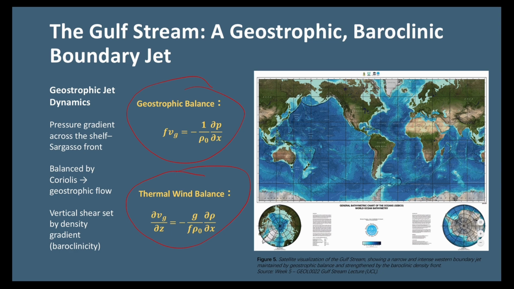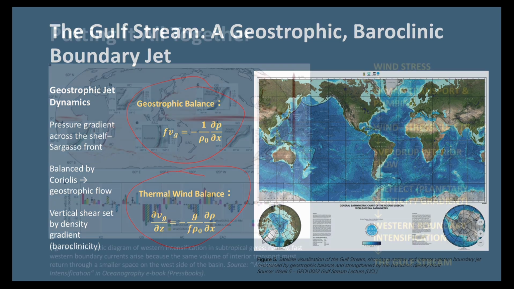It's the density gradient creating vertical shear. When density changes across the current, the speed varies with depth. This explains why the Gulf Stream is strongest at the surface and weaker below. Figure 5 highlights the structure, a narrow, fast surface jet that fits both geostrophic balance and the thermal wind pattern.